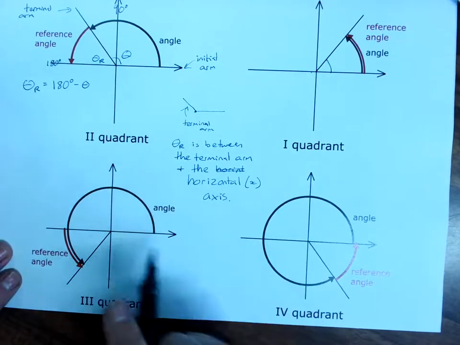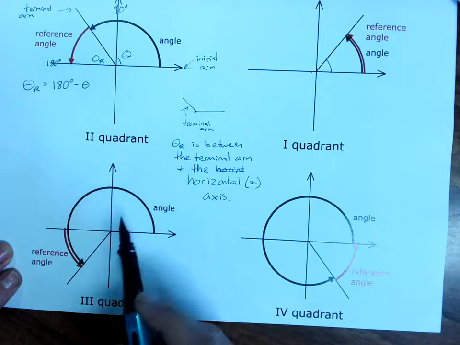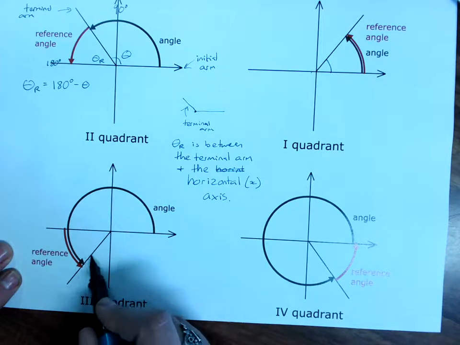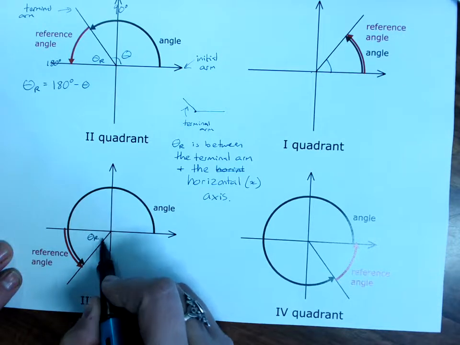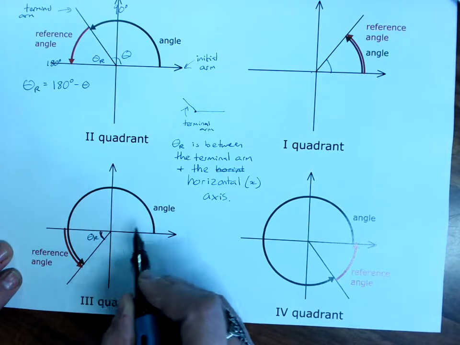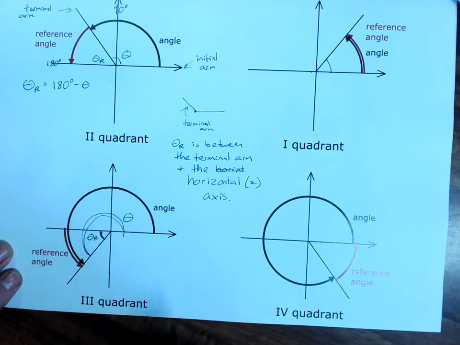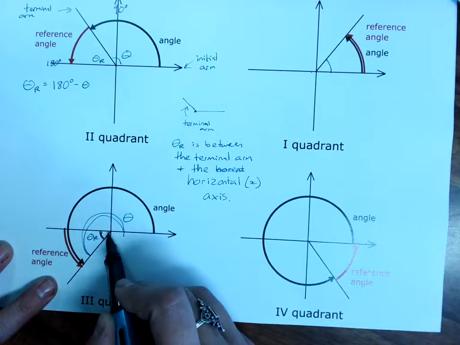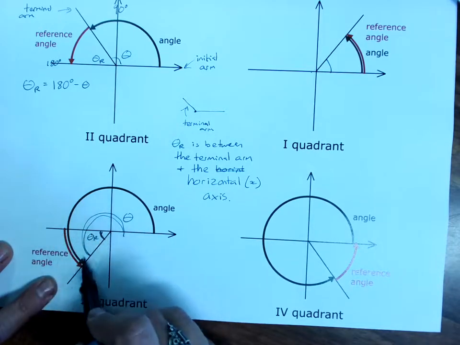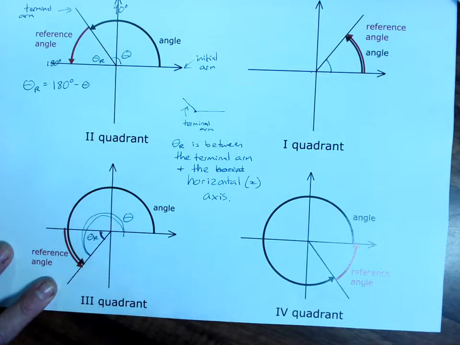In the third quadrant, looking at this rule, the reference angle is between the terminal arm of the angle and the horizontal axis. Here's my reference angle, just in here, because the whole angle, theta, is all the way around there. But for this big angle, we get the same answer using this little reference angle, the same value of x or y.